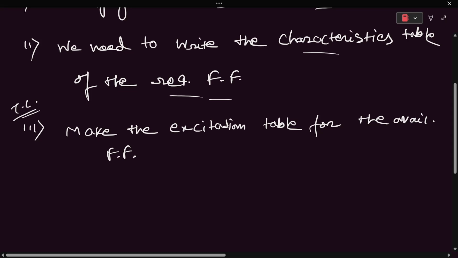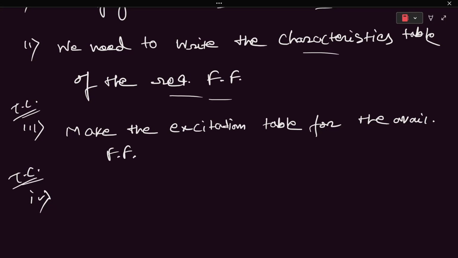So till now, writing the characteristics and excitation tables is done. This is also an easy but very important step.